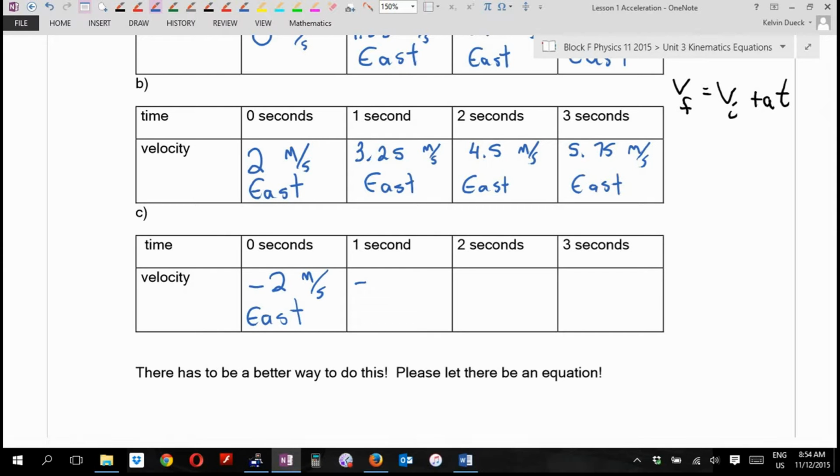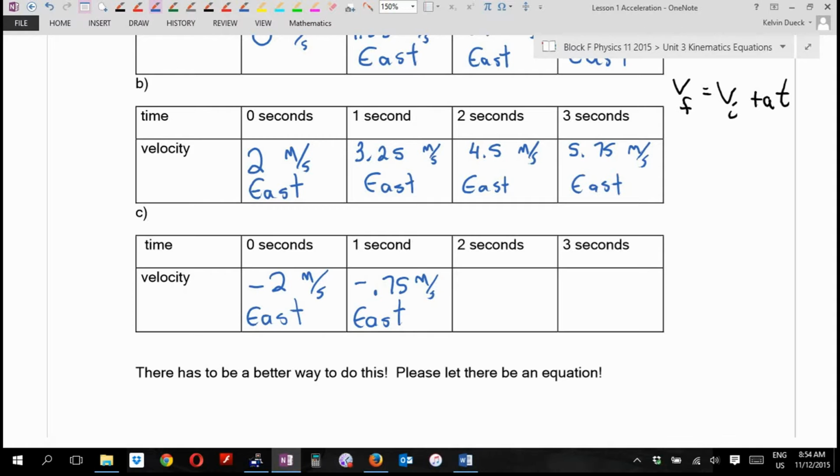We've defined east as positive. So what do you think? Or you could say 0.75 meters per second west. Which way is west for you guys? That's to the right? Okay, so we're going that way, but we're accelerating this way. We're slowing down.